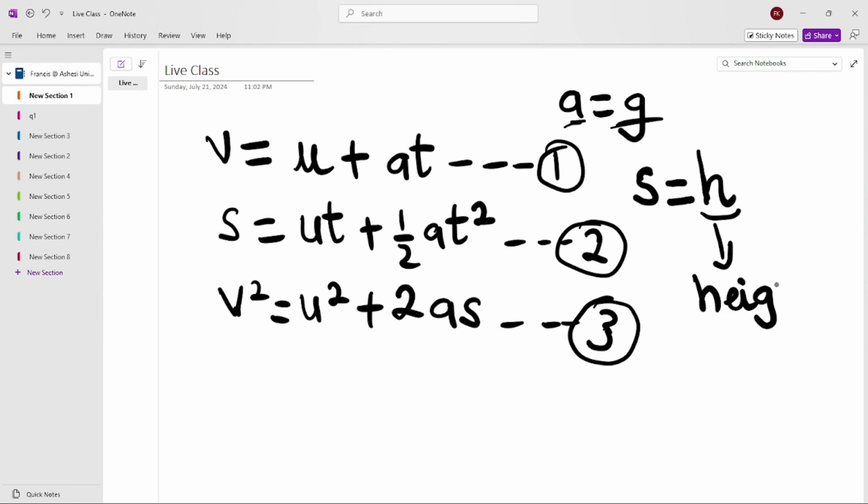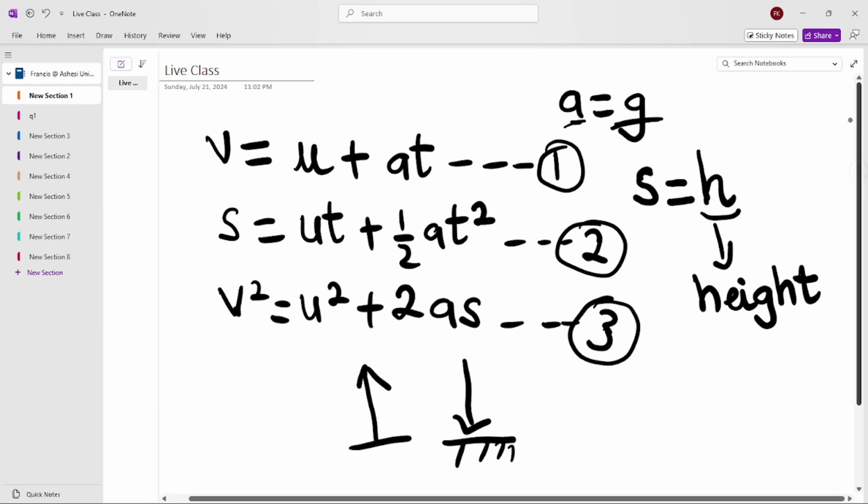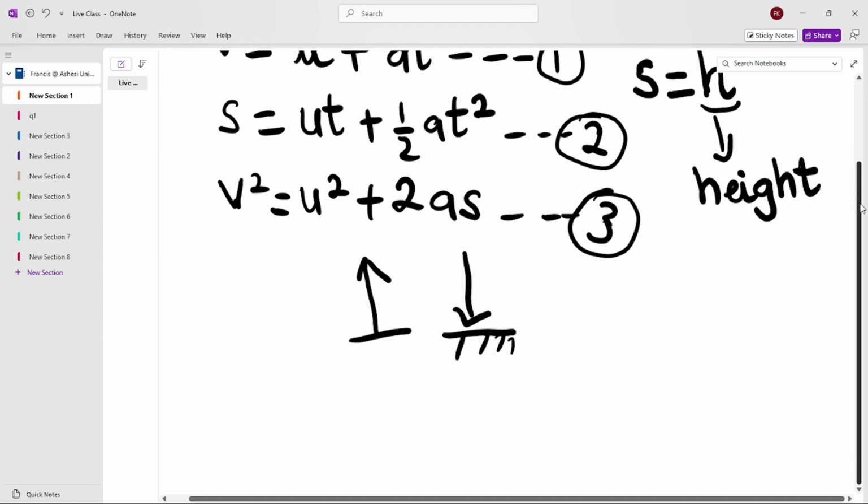So those are the two things that we need to change when it comes to equations of motion, either going up or coming down. So it's the same equation, but we are just renaming some of the stuff. A is now g, and then s is now h.